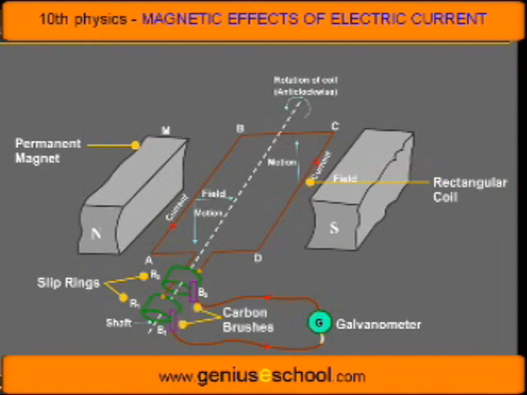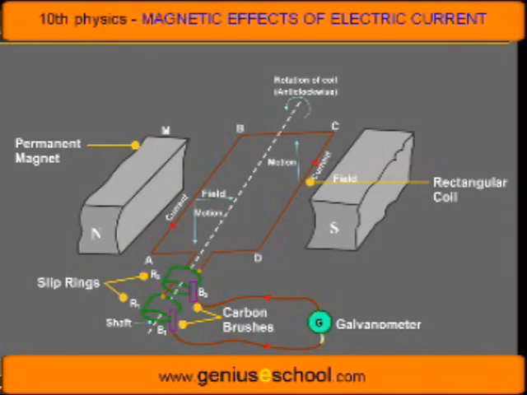After half revolution, the sides AB and CD of the coil will interchange their positions. The side AB will come on the right hand side and side CD will come on the left side. So, after half a revolution, side AB starts moving up and side CD starts moving down.